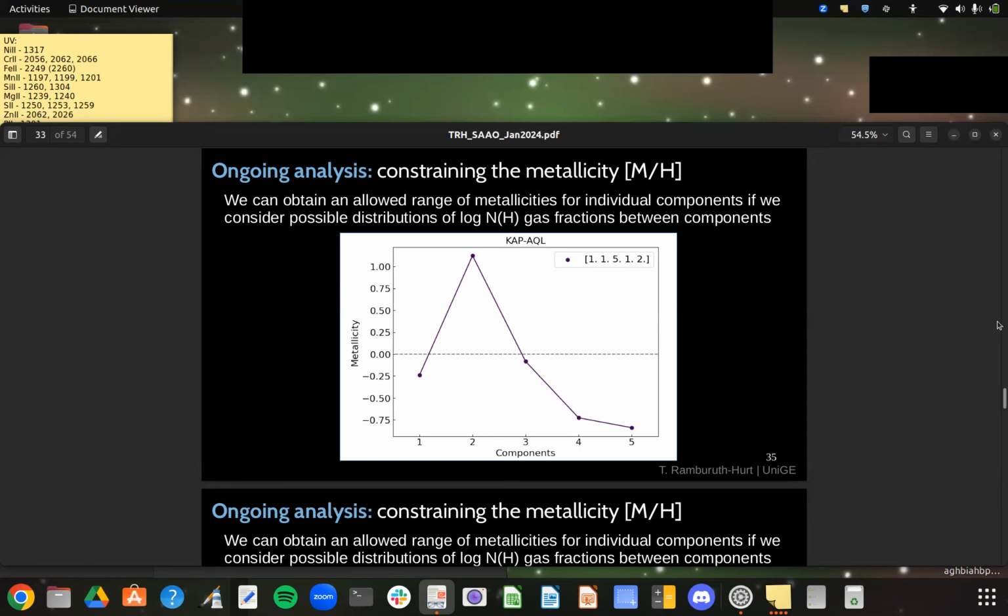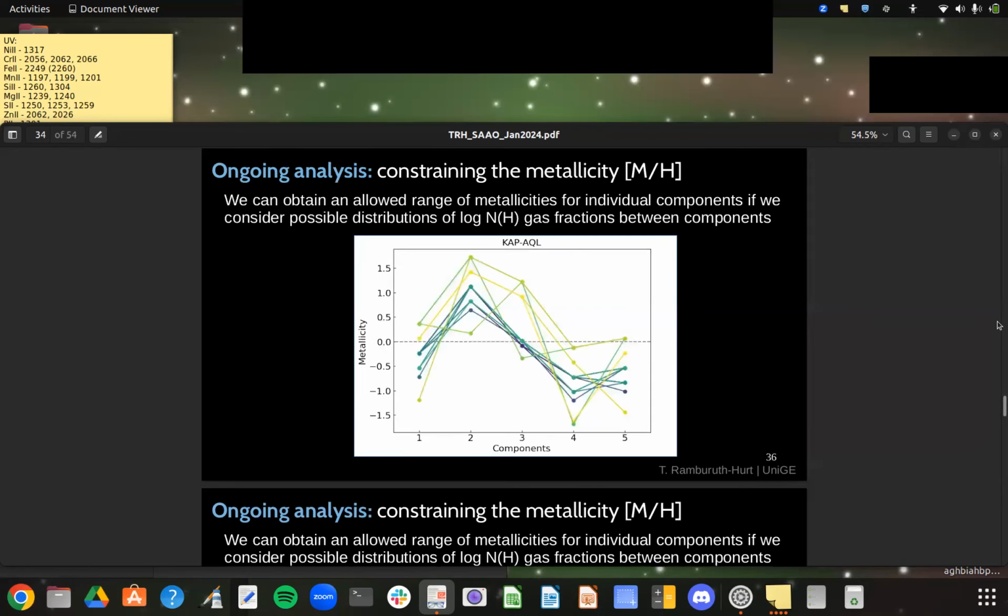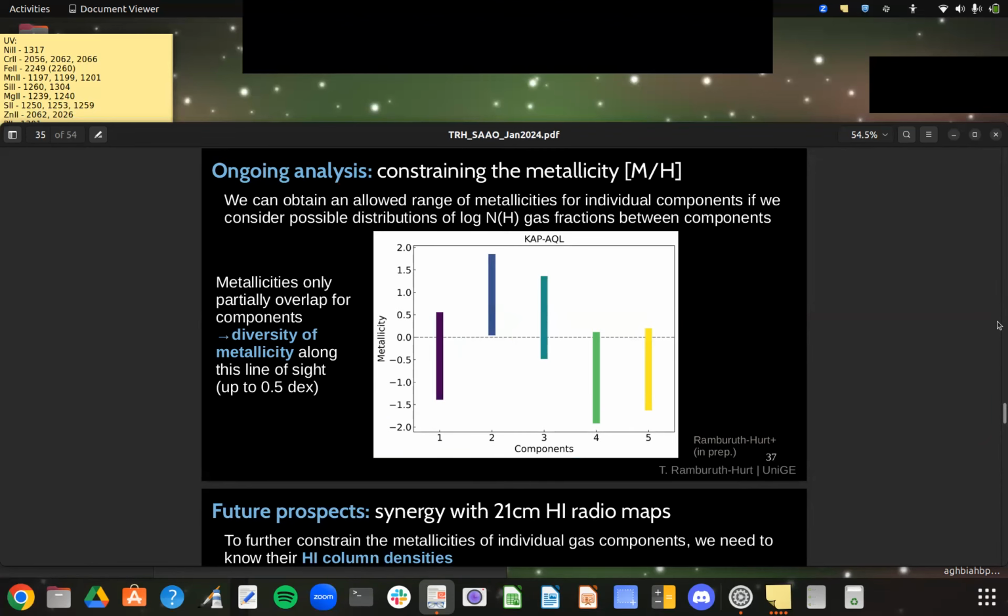For example, we've assumed that the first component has 10% of the hydrogen gas, the second component also 10%, the third component 50%, etc. And so this is what we would get for the metallicity if we assumed this particular distribution of hydrogen. And we can do that for several distributions. And what we can eventually get is this range of the allowed metallicity for each component.